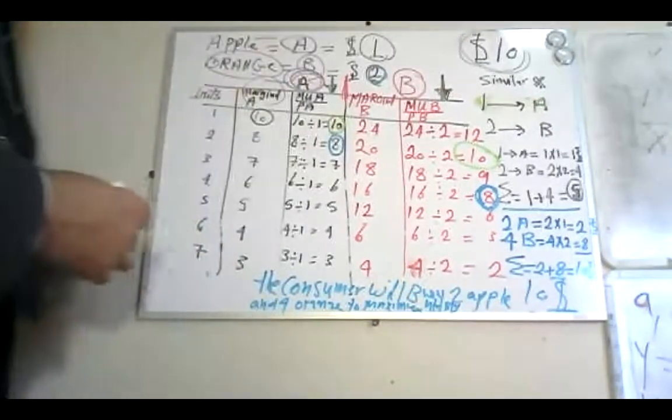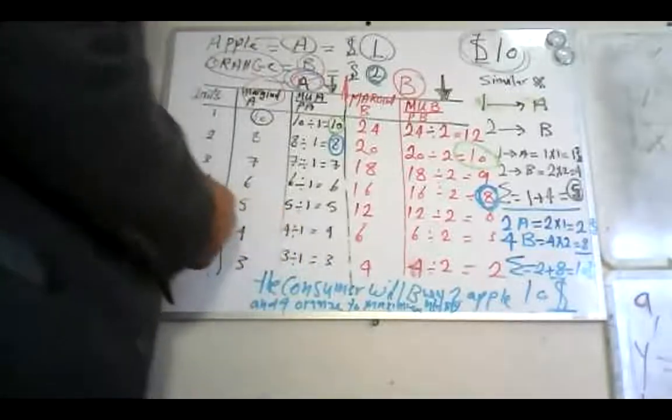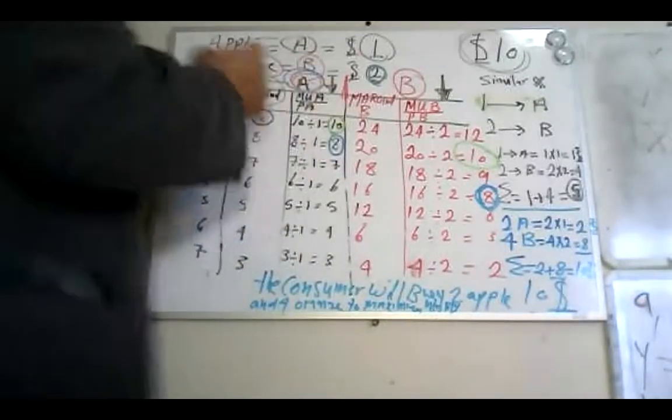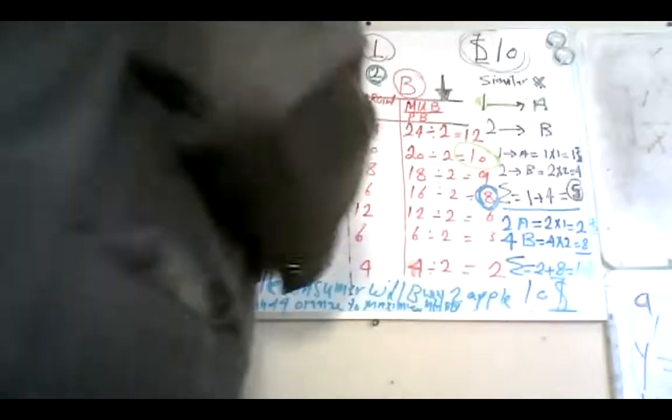To maximize his utility, he will buy 2 apples and 4 oranges, which will cost him the $10.